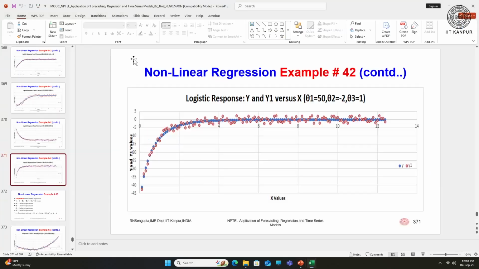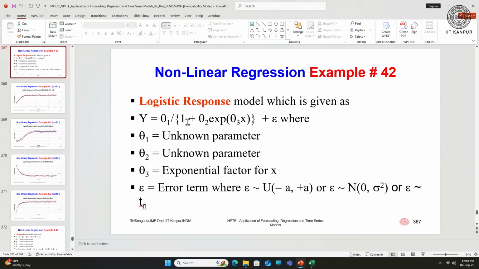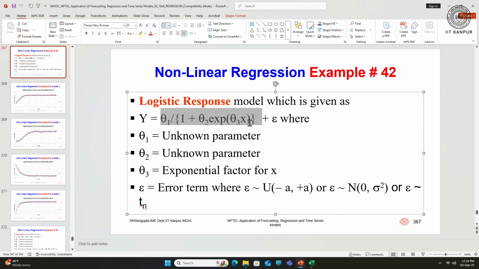If I come back to the PPT slide, that will make sense, because here the values of theta 2 being positive and negative will dictate from which direction the y value asymptotically becomes 0.